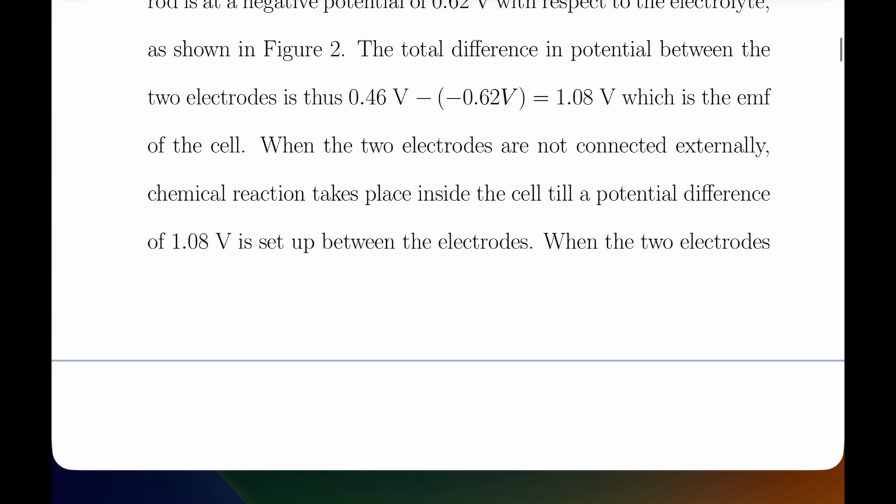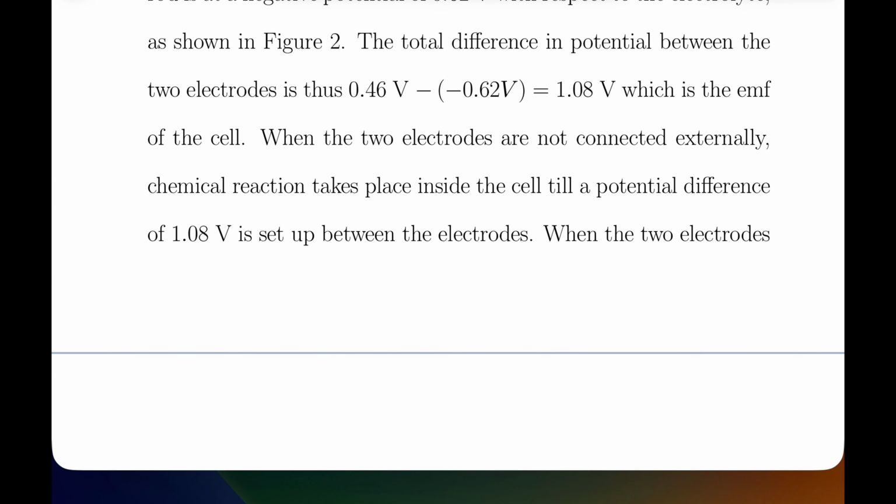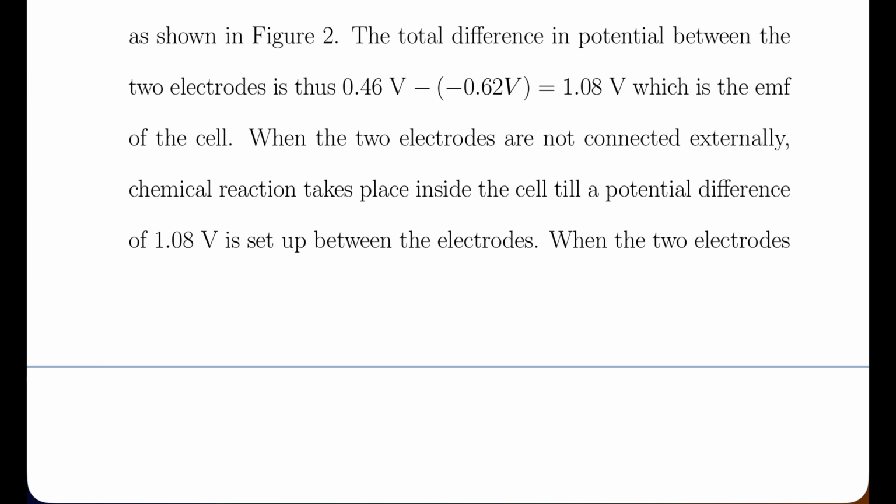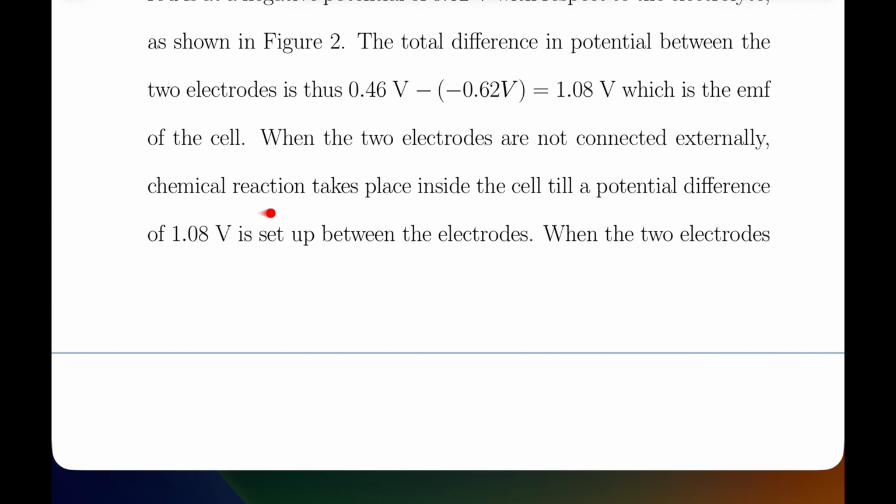The total potential difference between the two electrodes is thus 1.08 volt, which is the EMF of the cell. When the two electrodes are not connected externally, chemical reaction takes place inside the cell till a potential difference of 1.08 volt is set up between the electrodes.